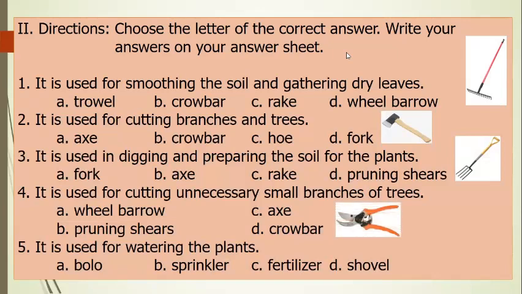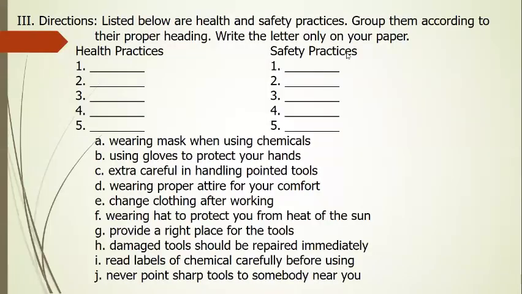You have the pruning shears. And for number 5, it is used for watering the plants. It may be bolo, sprinkler, fertilizer, or shovel. It is a sprinkler. Very good.